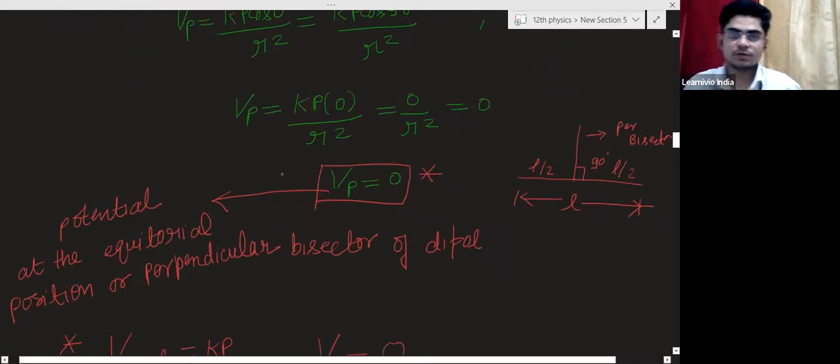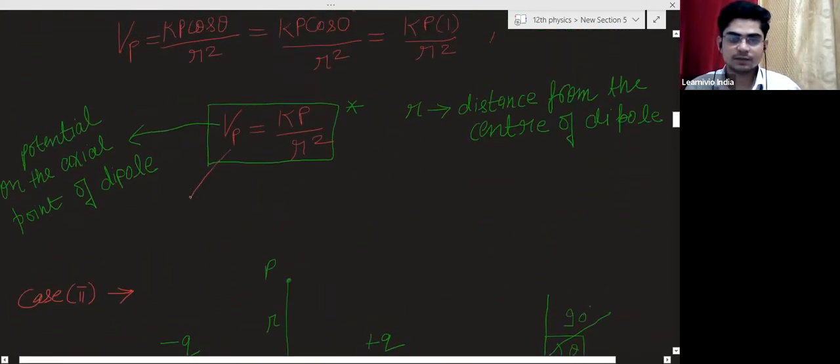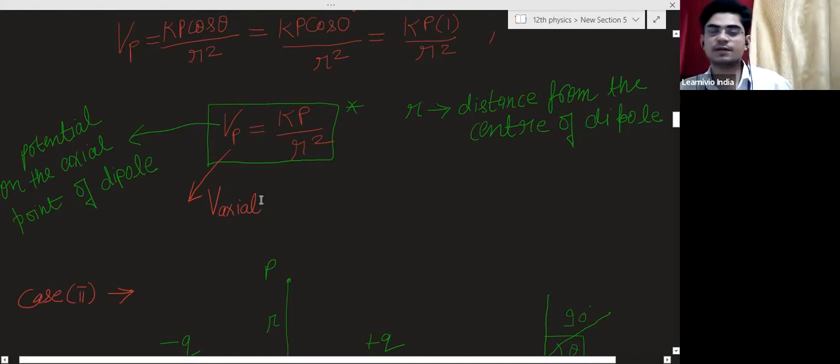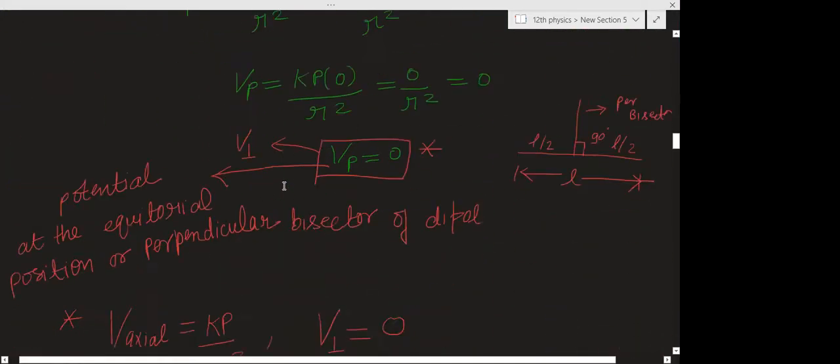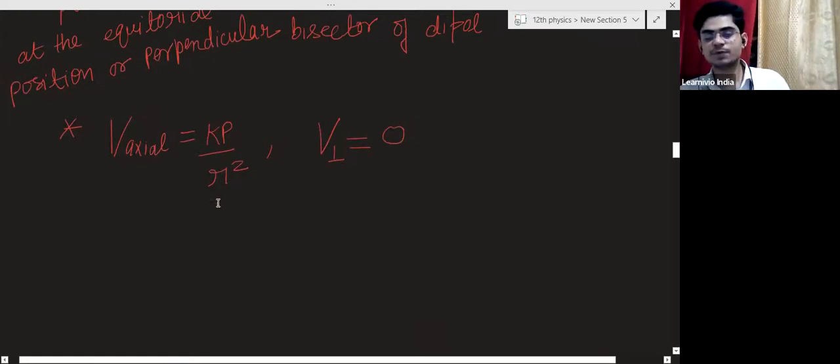So we can also write this as V perpendicular, and V axial. Any problem, guys? I am writing it for solving the question, so it is easy to remember. V axial equals Kp by r square and V perpendicular equals 0.